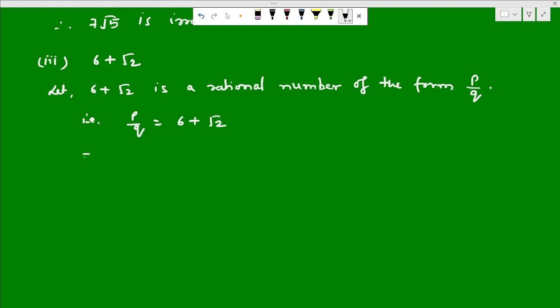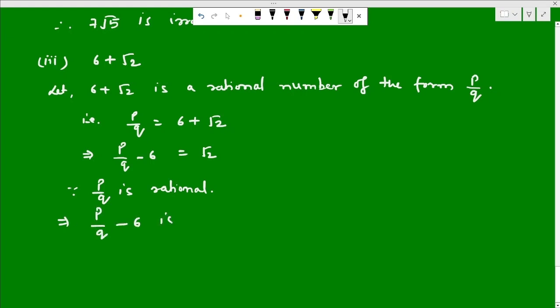Now as you can see, in RHS we have 6 as rational and root 2 as irrational. So simply keep root 2 in RHS and transpose this rational 6 to LHS. So we'll be getting P upon Q minus 6 equals root 2.